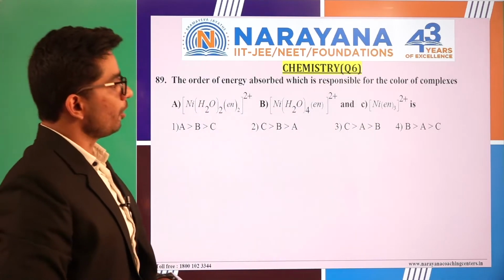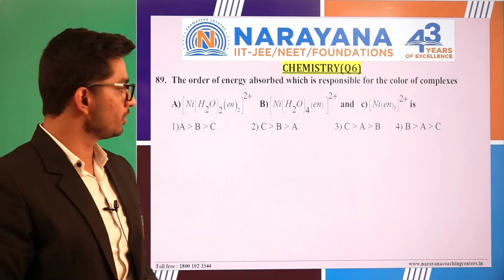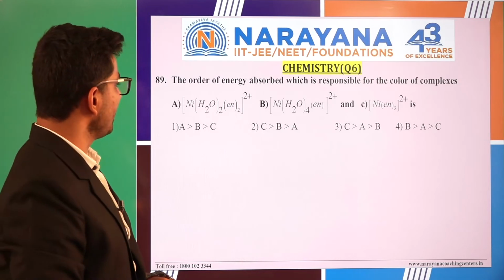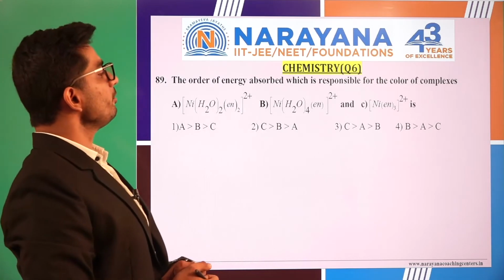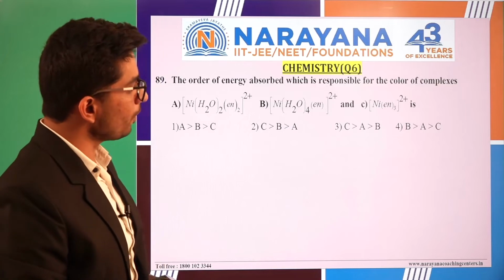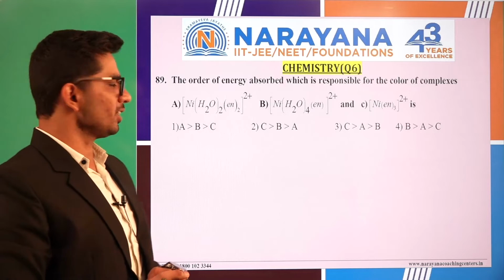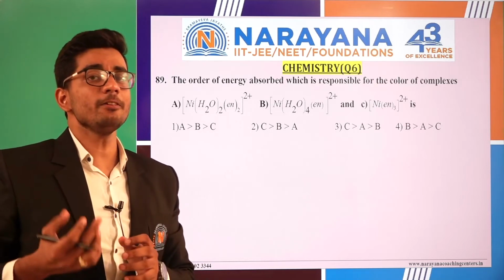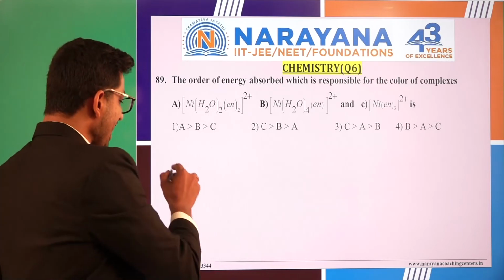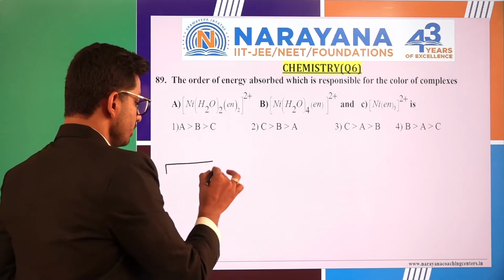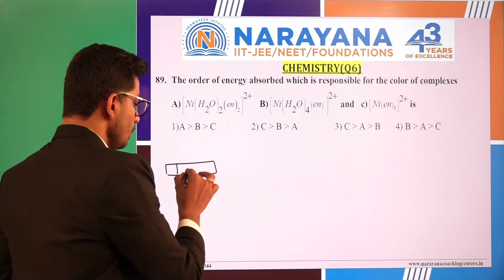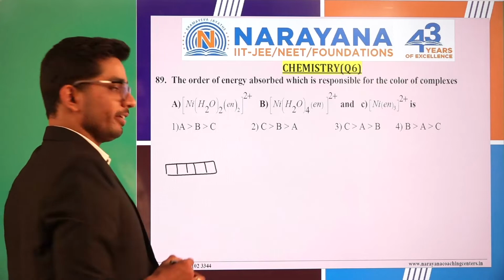Next question from coordination compounds. So here we have compounds, and the question is the order of energy absorbed which is responsible for the color of complexes. According to CFT, that is crystal field theory, the d orbitals are not degenerate.